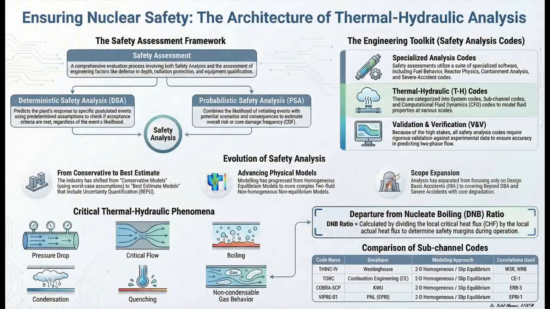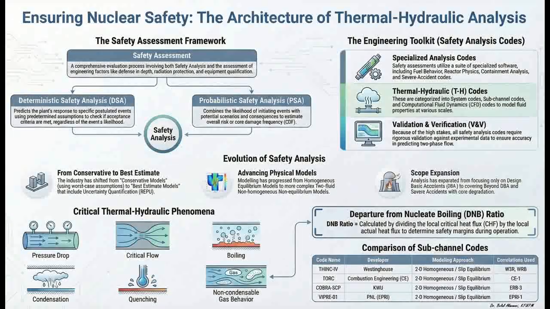But practically, stacking extreme worst-case scenarios on top of each other creates a physical model that doesn't actually represent reality at all. It skews the data entirely. If you design a system to handle an artificially exaggerated, impossible scenario, you might actually optimize the plant for the wrong physical transient, making it perform less efficiently or even less safely under realistic accident conditions.